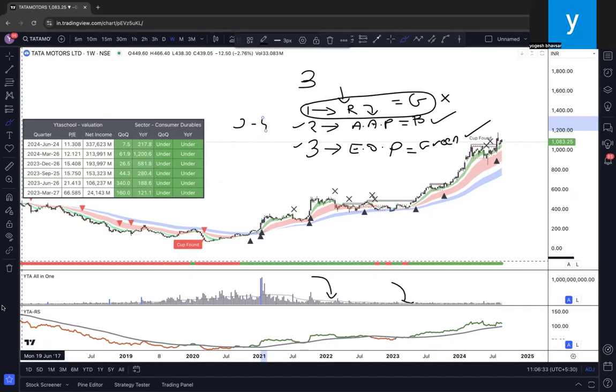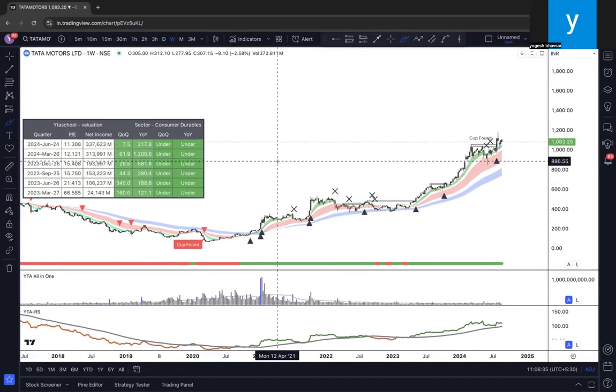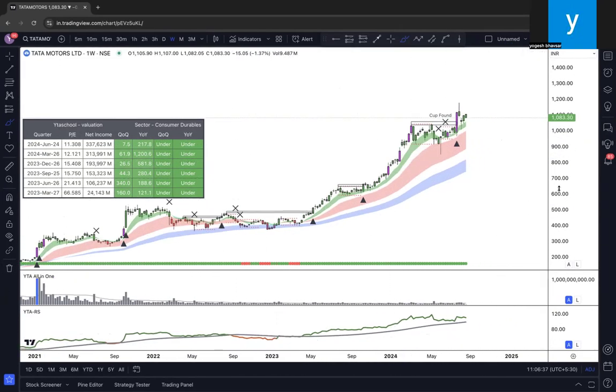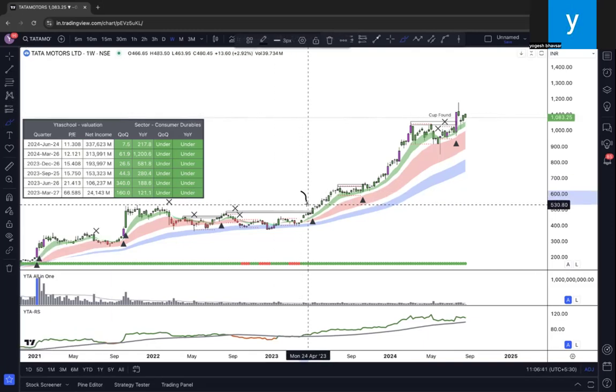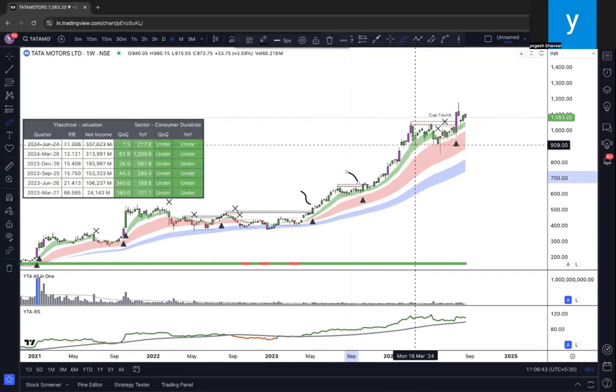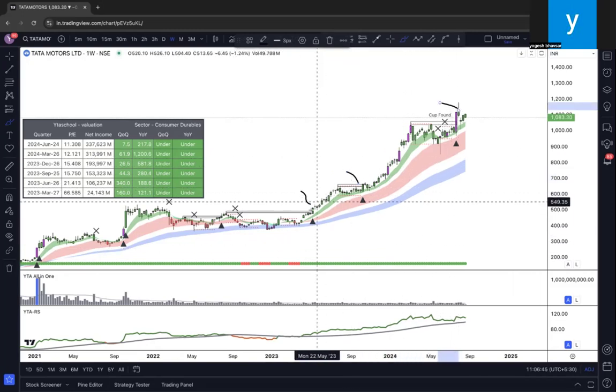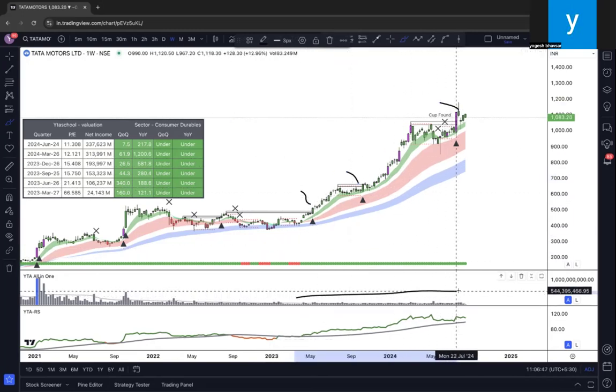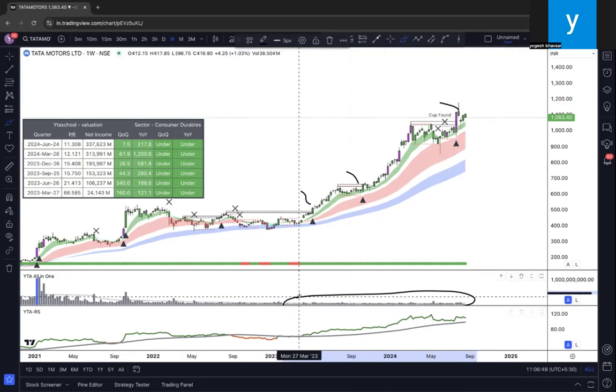Now, if you see in this area, this breakout, this breakout, this breakout are all with the help of retail participation. I am not very keen. You see, even 4-5 candles before, neither blue volume came, nor green volume came.